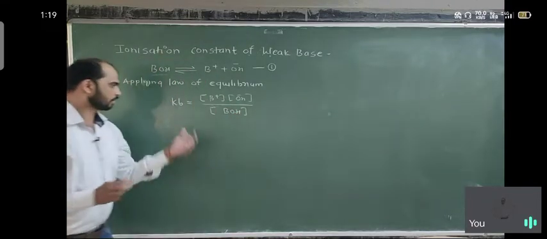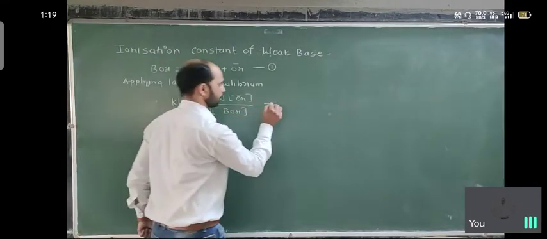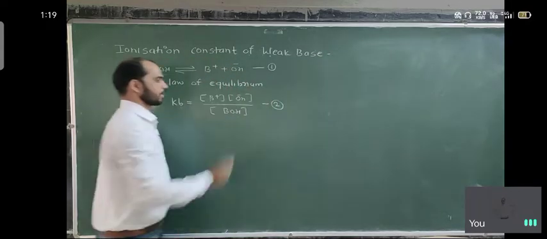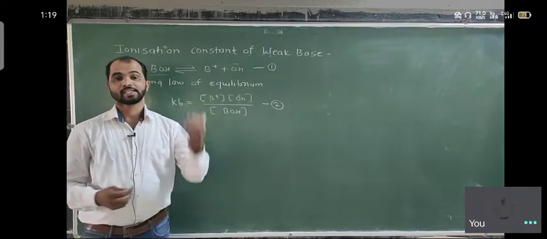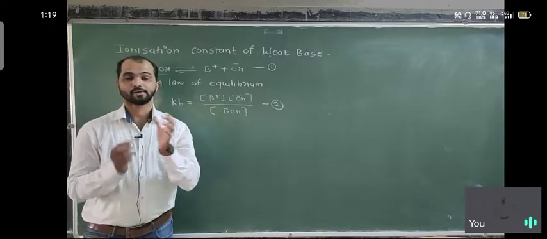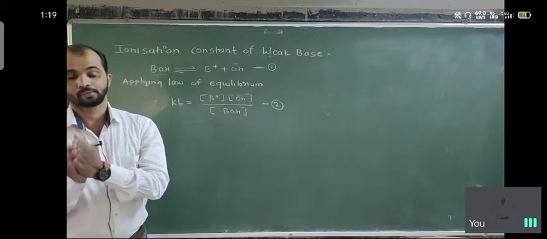This is equation number 2. The square brackets represent the concentration in mole per liter.